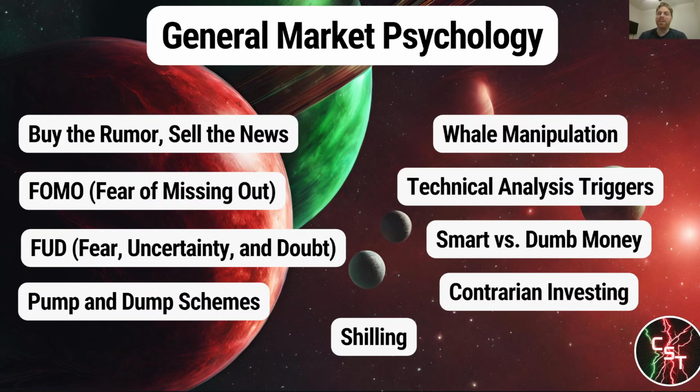Smart versus dumb money is this belief that smart money buys the lows and dumb money buys the highs. Really, there's no such thing as smart and dumb money. It's just a market cycle. Contrarian investing, this can work out sometimes, but if you get too attached to it, this is the belief that the masses are generally wrong, the news is wrong, whatever Jim Cramer's saying is wrong, and so on and so forth.